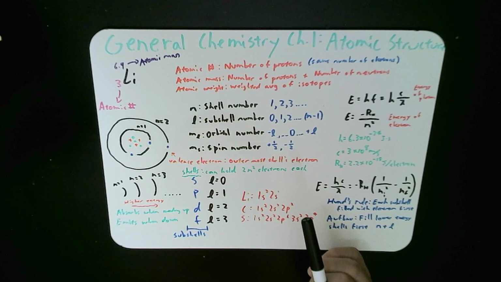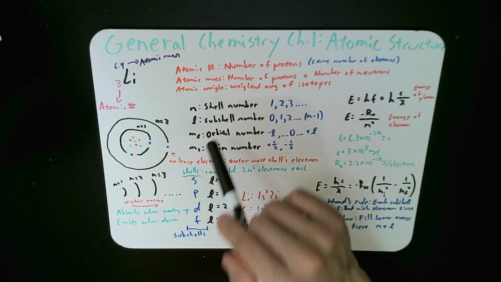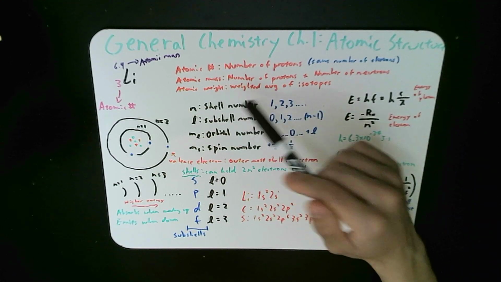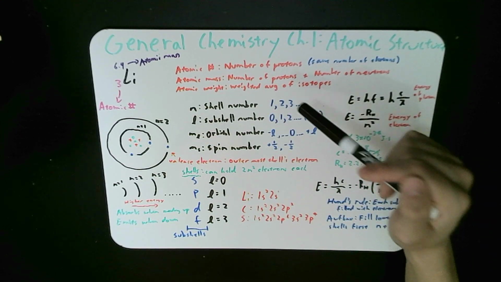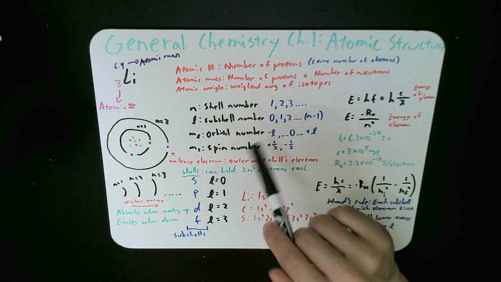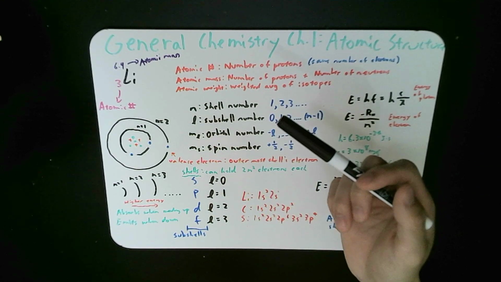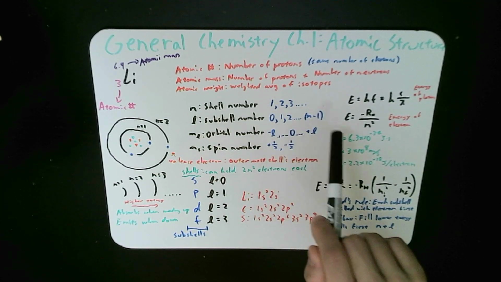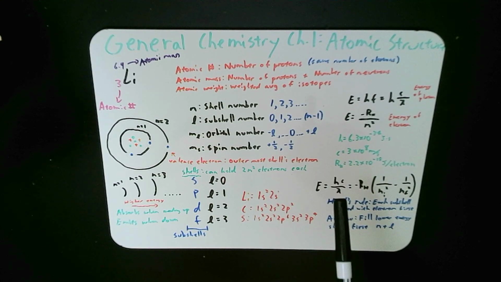How does it do that? Well, in each shell, there are also subshells. So for shell number n, it can have 1, 2, 3, and so on. The number of subshells for each given shell is l equals 0 up to n minus 1.